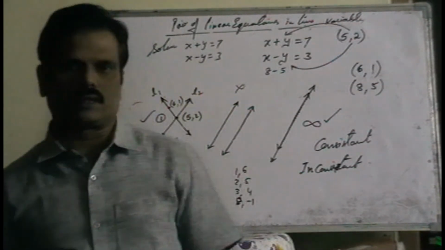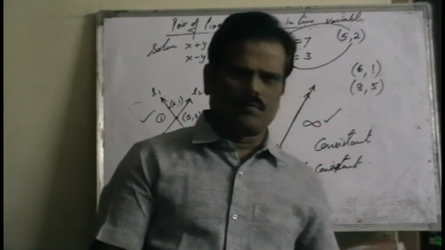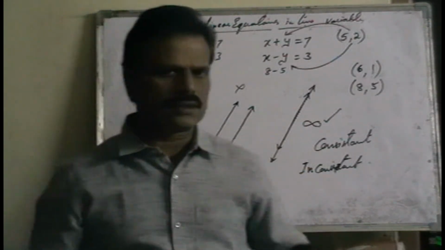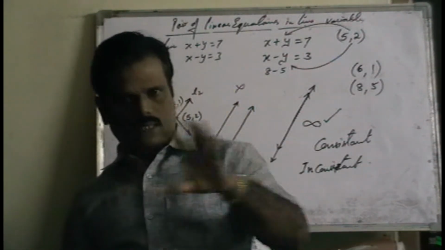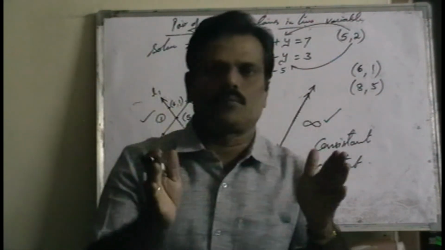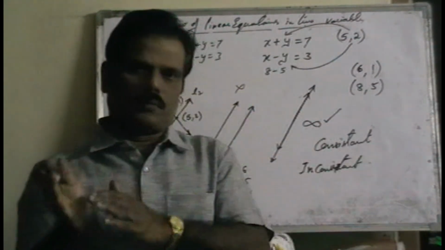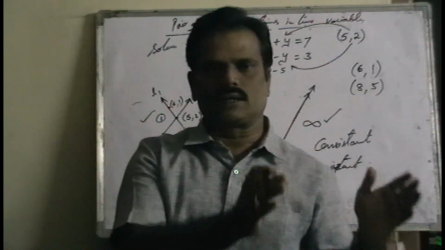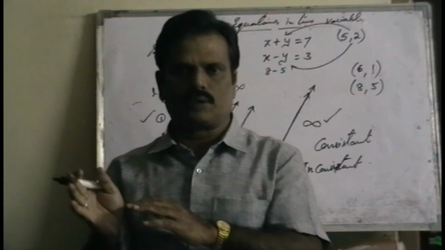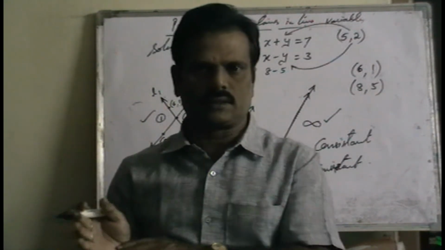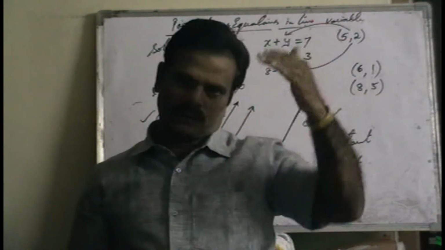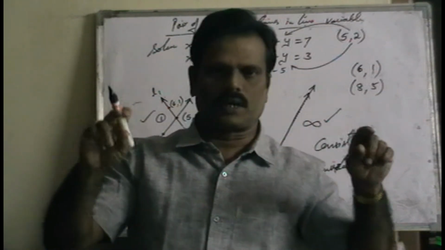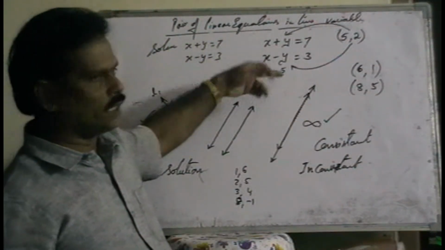How many girls are there? Right? That means each and every sum in this chapter on linear equations is a theoretical problem. We should compulsorily convert the theoretical part into linear equations, then we can solve by using any method.